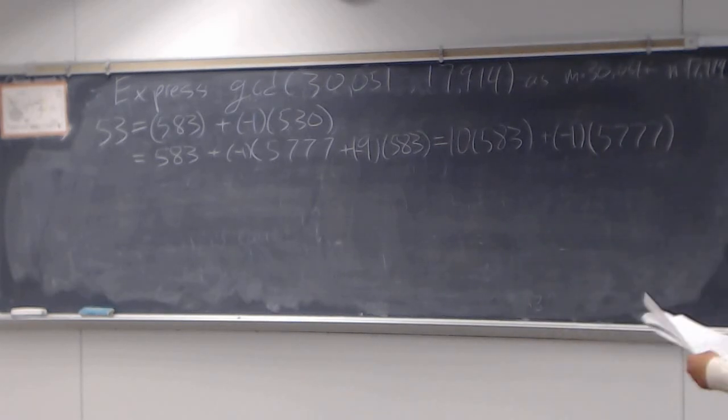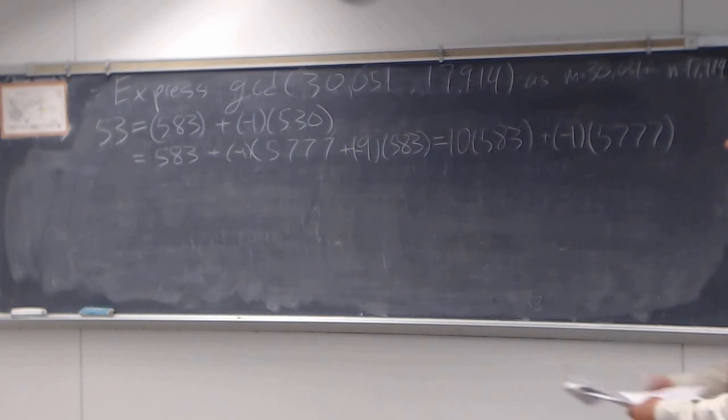There's a chance you may make a mistake as you work through this, so each step after you simplify and gather terms must equal 53. So we should check that, and I did when I worked this out.